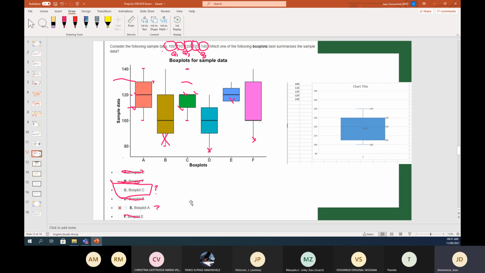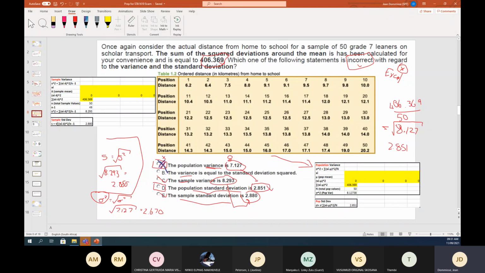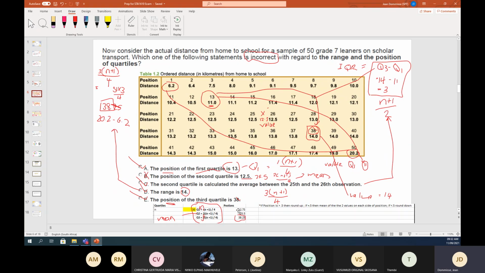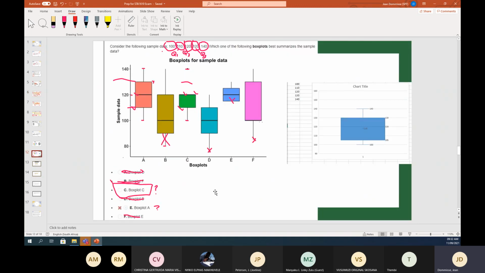Excel literally takes those positions. There's no rounding off or making it easy.